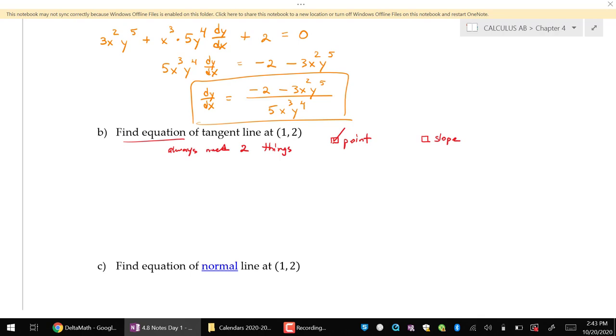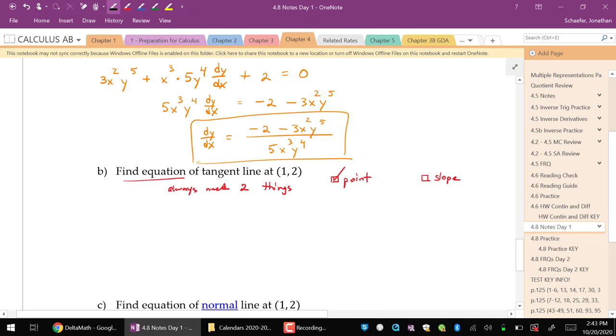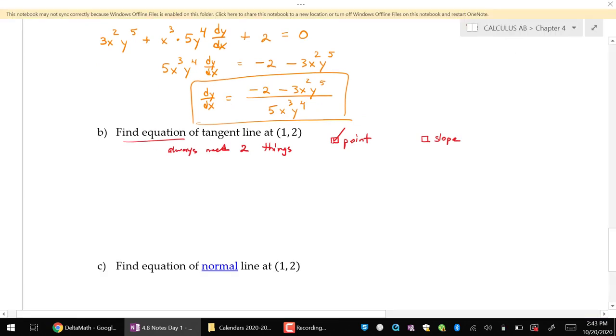And fortunately, I did all that work back here in part A, so I know that dy dx is given by this formula. So what we want to do is compute or evaluate dy dx at the ordered pair 1, 2. And this notation that I'm using right here is some fancy notation that'll help me organize where I'm inputting the coordinates. So 1 goes in for x, 2 goes in for y.